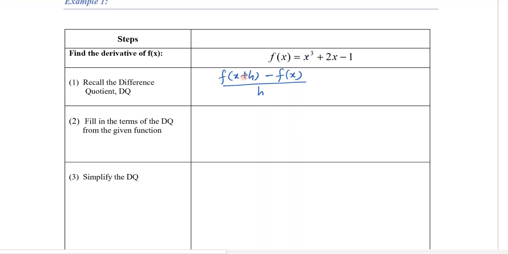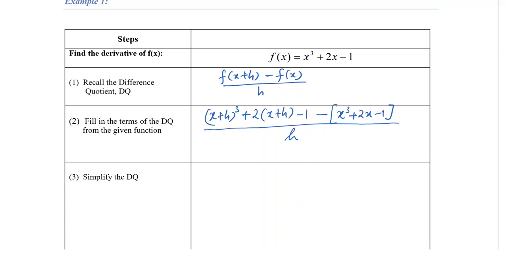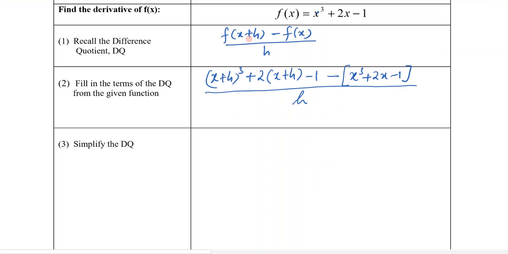Simply wherever we have x in the function, now the input is going to be x plus h. So replace all the inputs by x plus h. So we have written the values of f of x plus h minus f of x over h. So now we're going to simplify it.